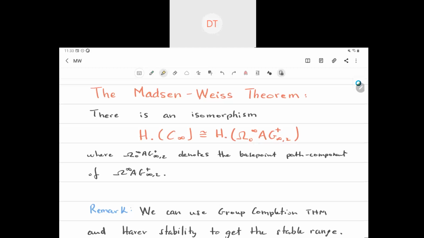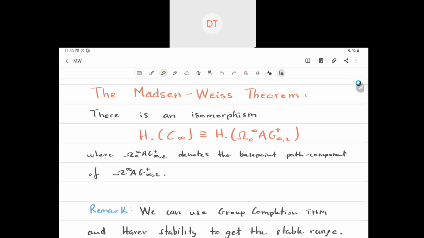What that stands for is that the left-hand side is going to be path connected, and this loops is not. So we are just picking one path component of the right-hand side. That's that notation, and that is the Madsen-Weiss theorem.